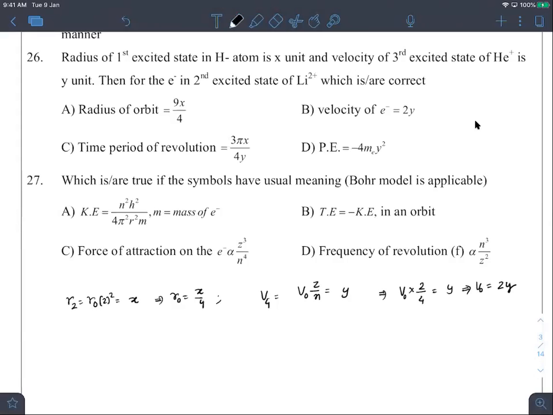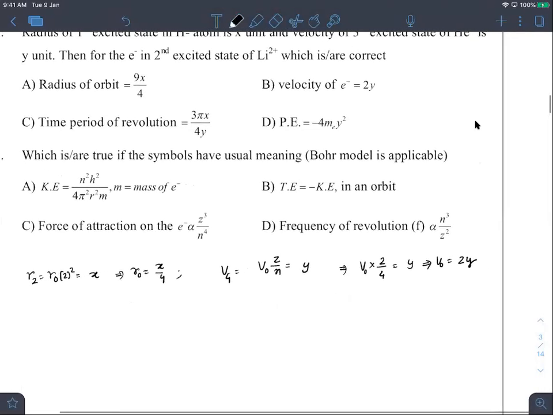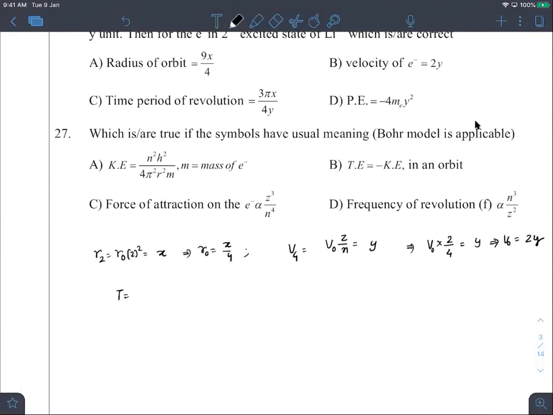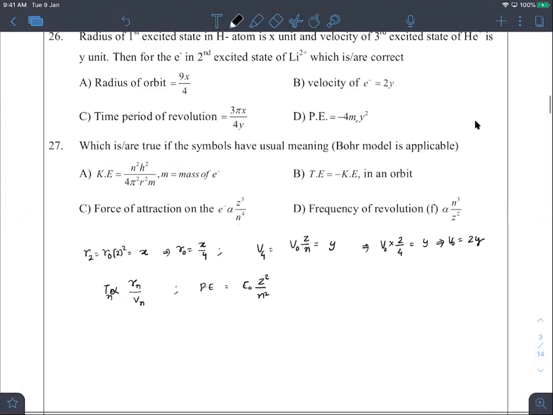I'll check that. Arnav, can you check out C, beta?